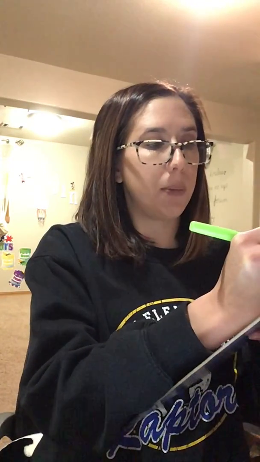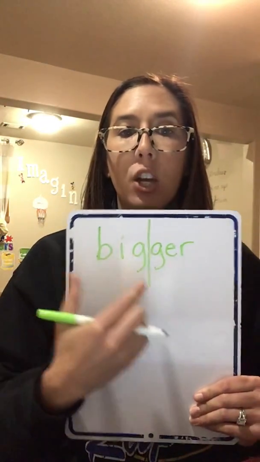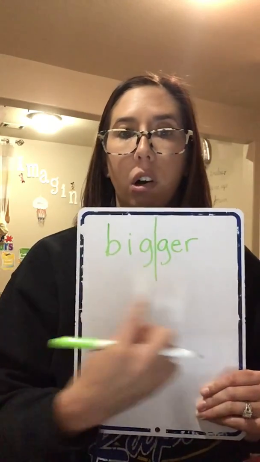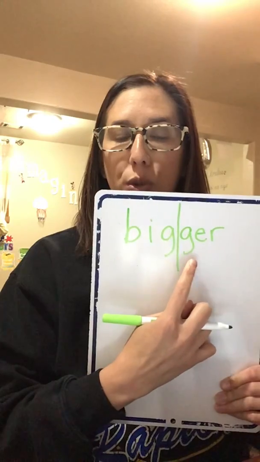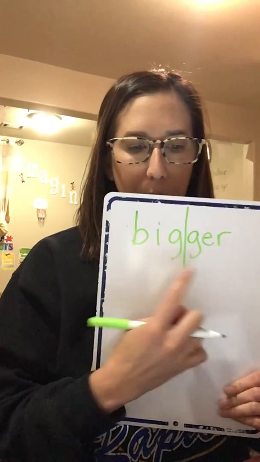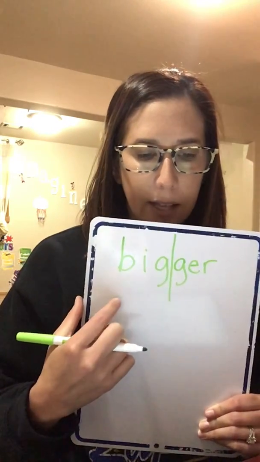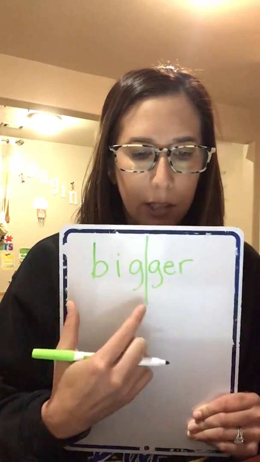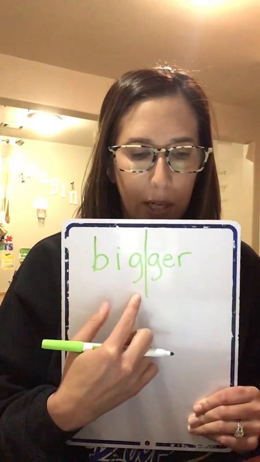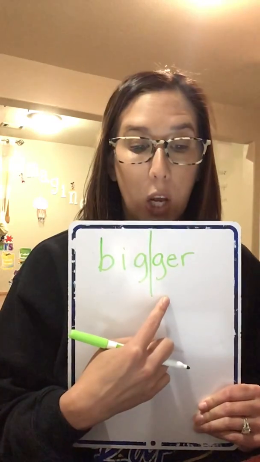Because we need it to be two syllables, and I don't say biger, I have to say bigger. I know it sounds similar, but there needs to be two G's to make that vowel sound, okay? If it has a short vowel sound like the I and ends with a single consonant, we need to double that consonant to add the ending ER.